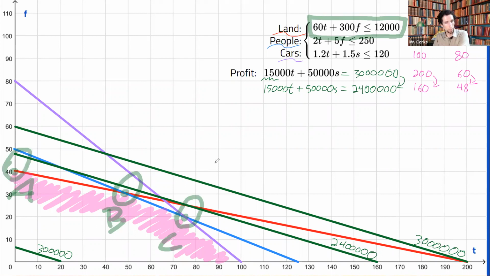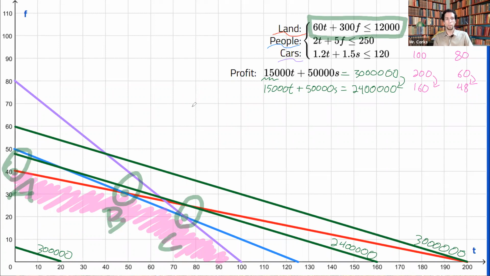They're pretty similar, so there's not going to be a huge profit difference between A and B and C, but B will be a little bit higher. There's no reason to leave money on the table. If we can earn a little more, then go for it. So point B we can identify as our best corner here.